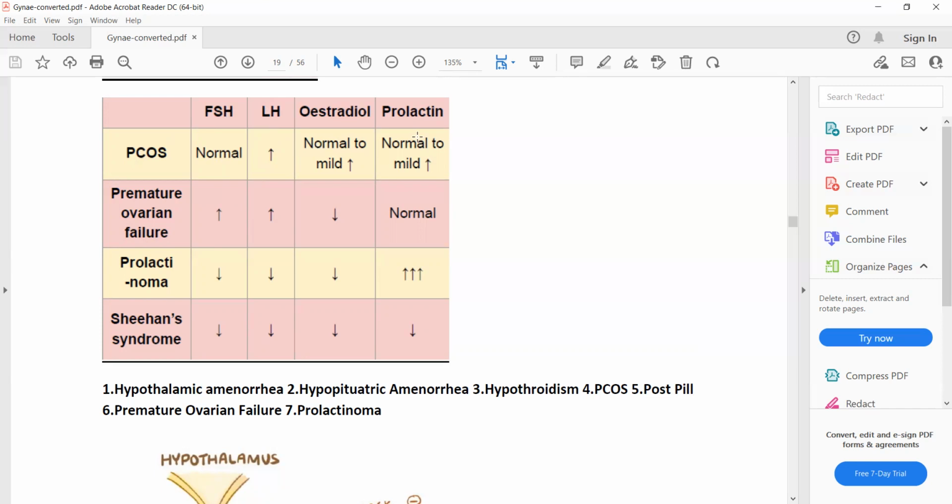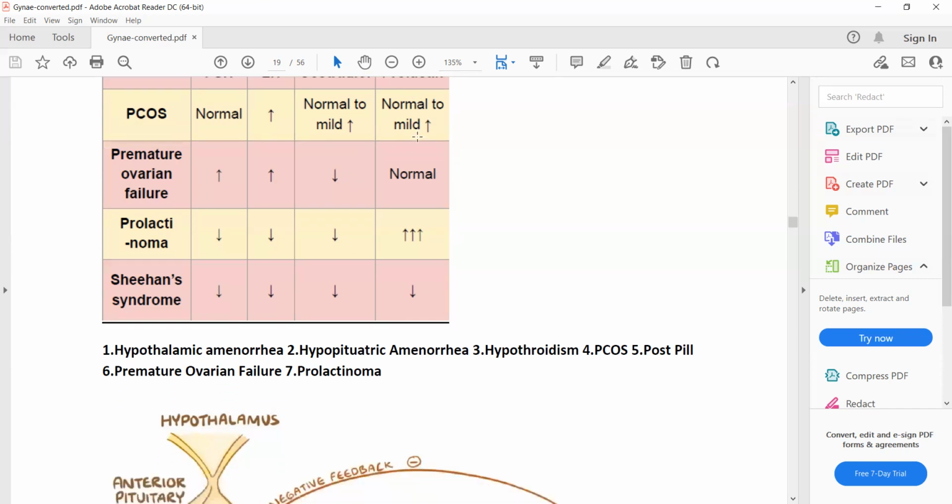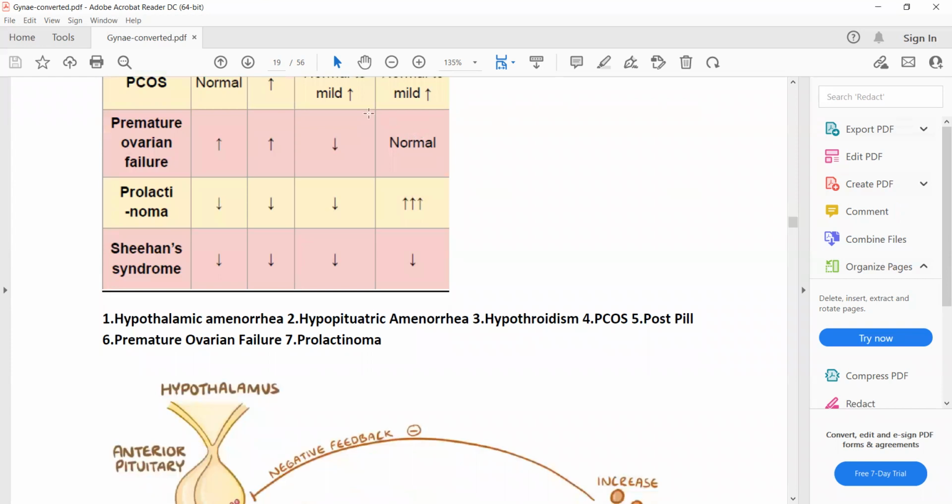Normal value of prolactin is 400. In PCOS, the level of prolactin can be 5 to 600, mildly increased. Now, the problems that are in pituitary glands, such as prolactinoma or Sheehan syndrome. What is Sheehan syndrome? We will discuss it shortly. Pituitary apoplexy or hypothalamic failure, all of them will have a decreased level of FSH, LH, and estradiol.